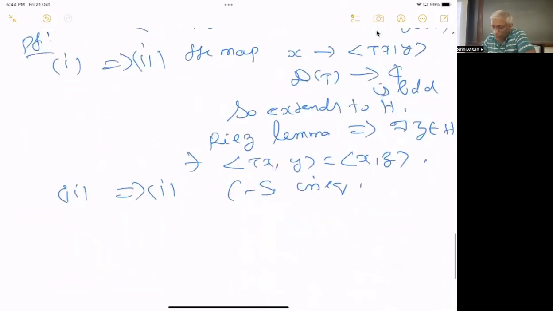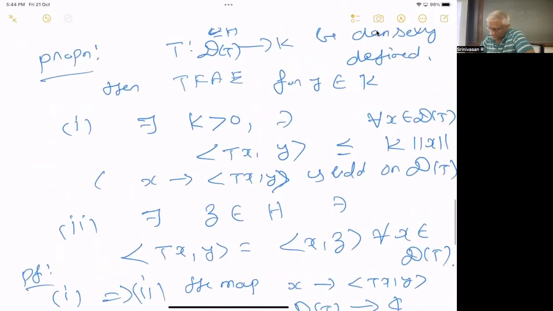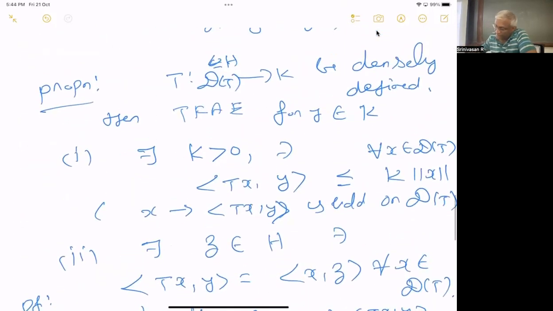So what does it say? It says that if this map x going to <Tx, y> is bounded, or if there exists a constant like that, condition 1 is the important condition: <Tx, y> is less than or equal to K times the norm of x. This is the condition on y in K, not in the range. Y need not be in the range of T. It is just some y. That's very important.